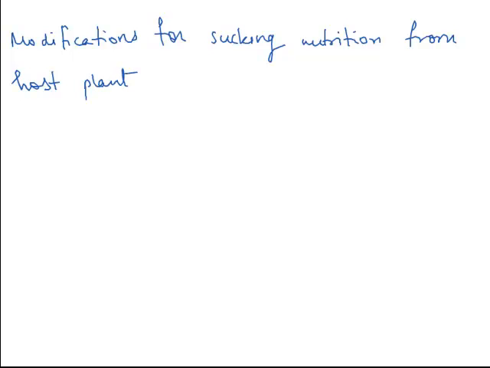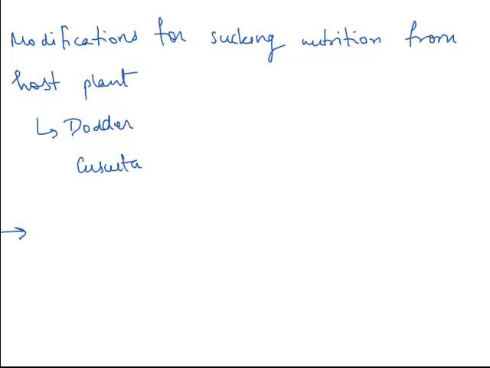So they are known as sucking roots or parasitic roots, which give out haustoria that penetrate the living host plant and suck food out of it, like in dodder, cuscuta. So dodder or cuscuta are plants in which the roots get modified for sucking nutrition from the host plant.